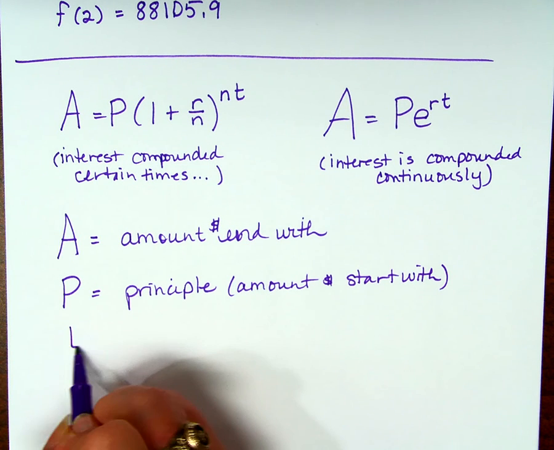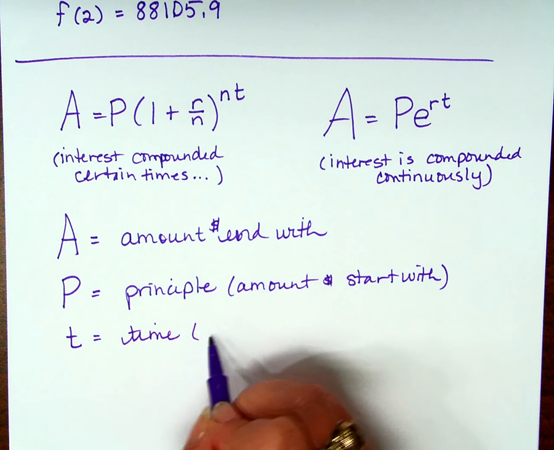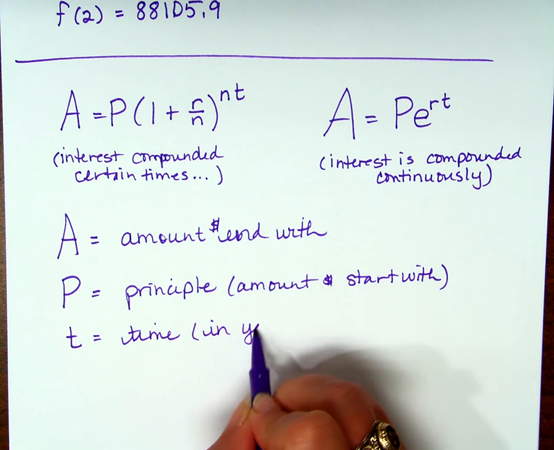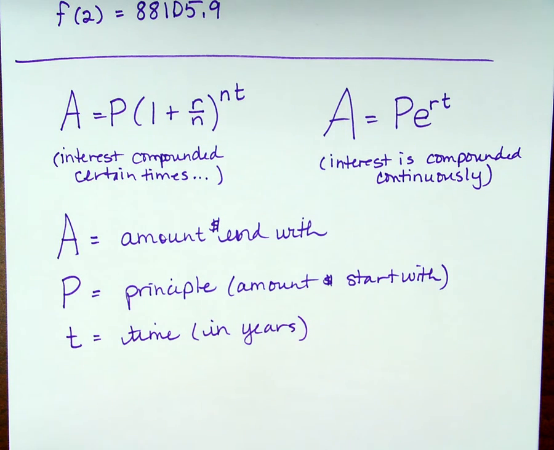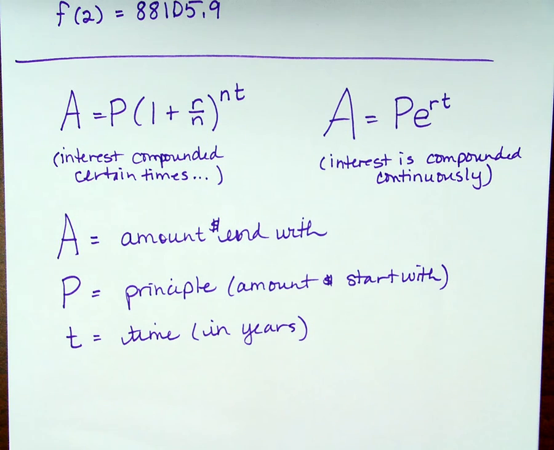Any guesses on the T? Time. And it will be in years. So if it's given to you in months, you got to convert it. If it's given to you in weeks, you've got to convert it. When you enter the number for t, for time, it's got to be in years.